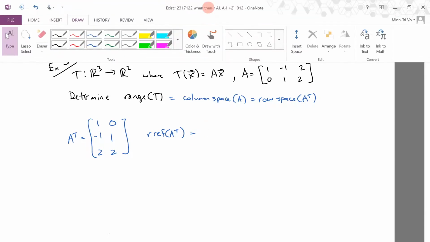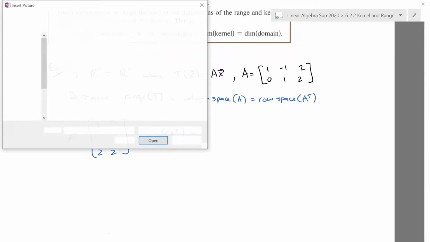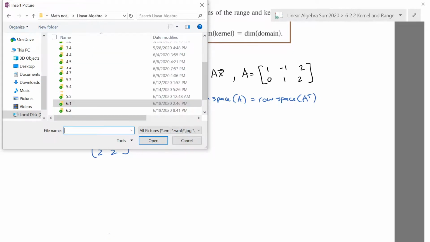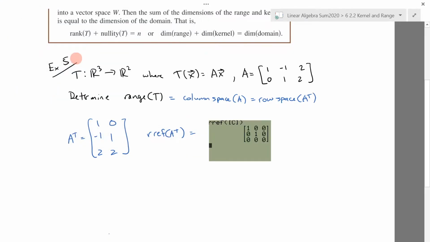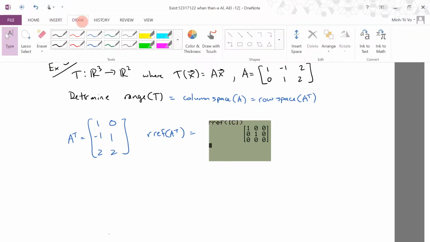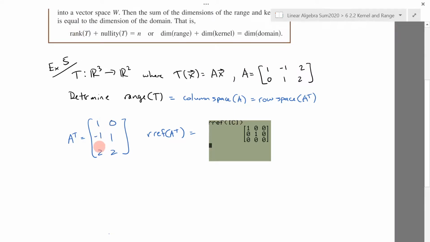I've already calculated it previously. However, the calculator doesn't like it when you try to calculate the row reduced echelon form of a matrix with more rows than columns, so I had to add an extra column of zeros, but you can just ignore this in the calculation. So this 3x2 matrix is the row reduced echelon form.